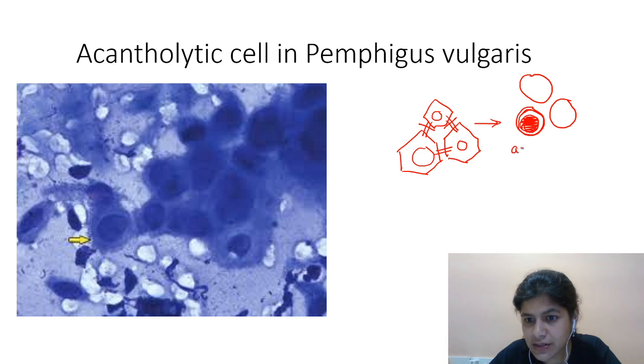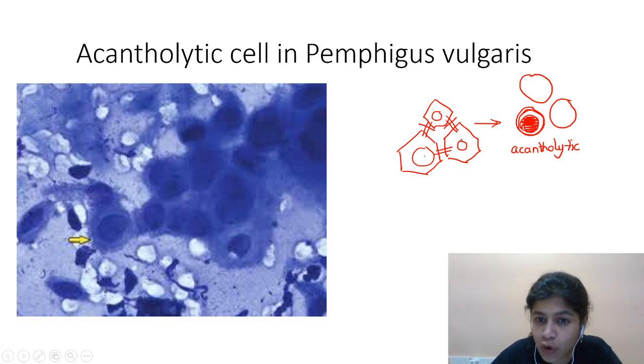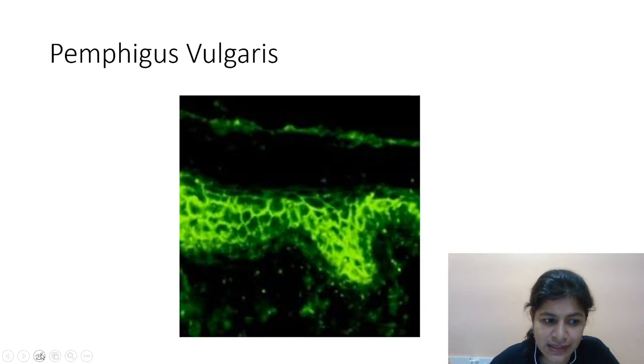So this is what is called an acantholytic cell, and this process of separation of the keratinocytes from each other because of the damage to the intercellular adhesions or desmosomes is called acantholysis.